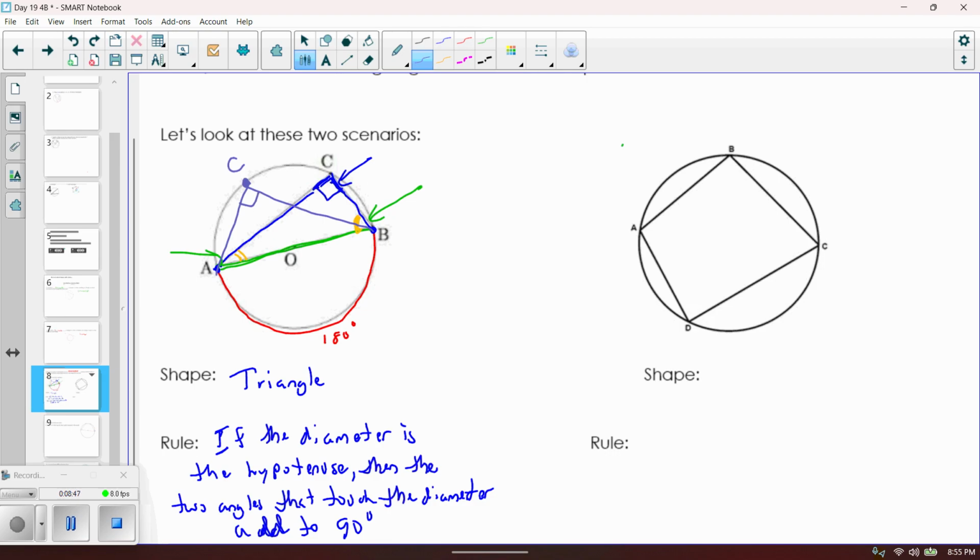Again, because A to B, the arc is 180, so half of that is going to be 90. So it really doesn't make any difference where that C is. C could be here, it could be here, it could be way over here, it could be here. That's always going to give you a right angle. So the other two angles on the inside of the triangle are always going to have to add up to 90 degrees.